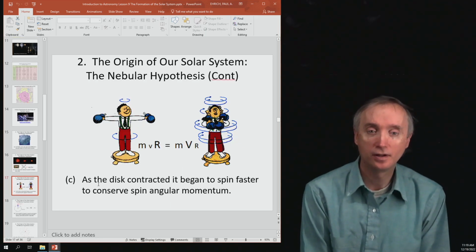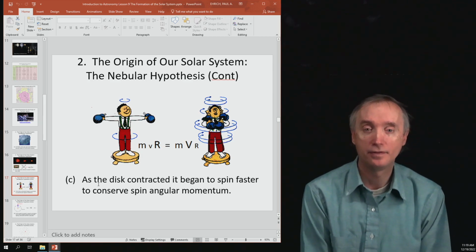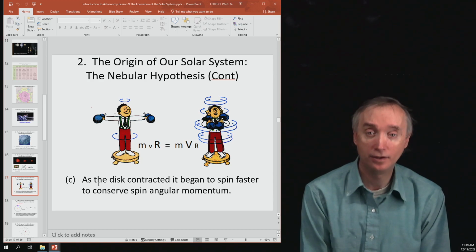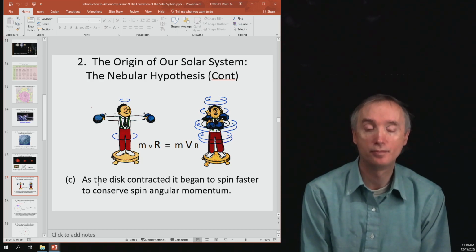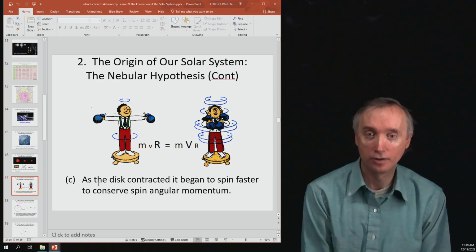Now as it's collapsing, the rotation rate is increasing, and this is due to conservation of angular momentum. Angular momentum is the mass of an object times its speed times its radius from whatever it's spinning around. So as the radius is getting smaller because the gas cloud is collapsing, the speed of the gas cloud is starting to increase.